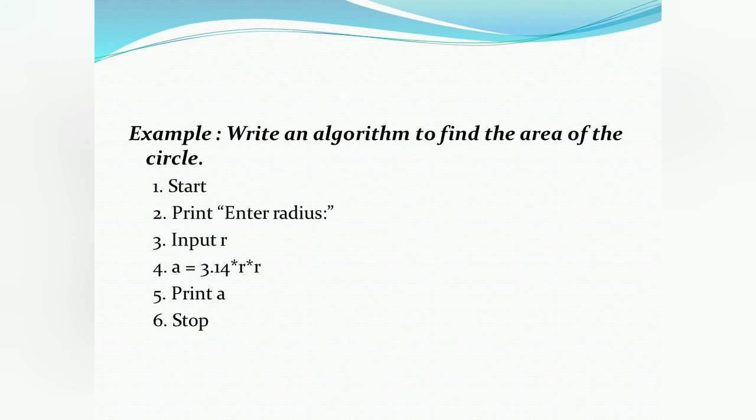So we have to read the r value. So here in the third step, the input statement is used to get the input value. In the fourth step, a formula is used. Area of the circle equals 3.14 into r square. Then after calculating the area, the result is to be displayed on the screen. So the print statement is used to display the area. Then finally the stop statement is used to terminate the algorithm.